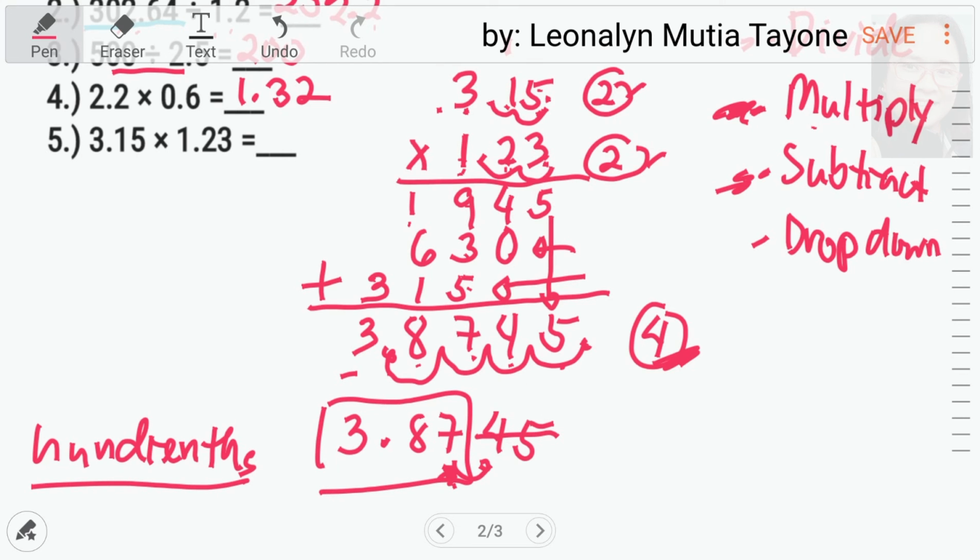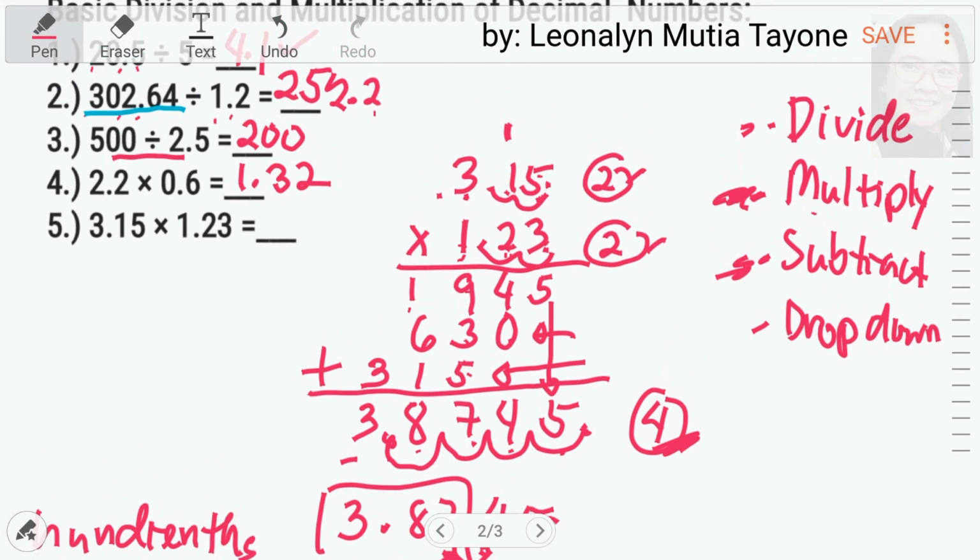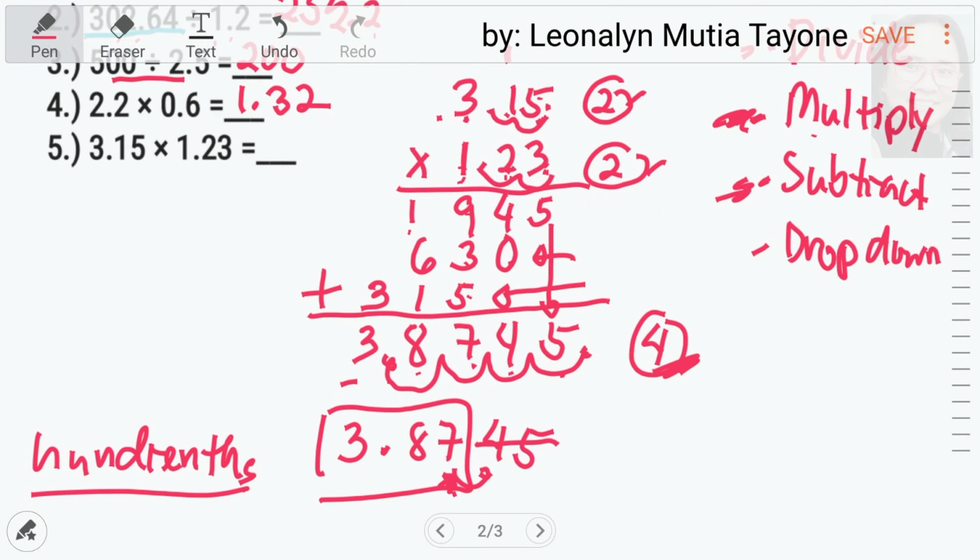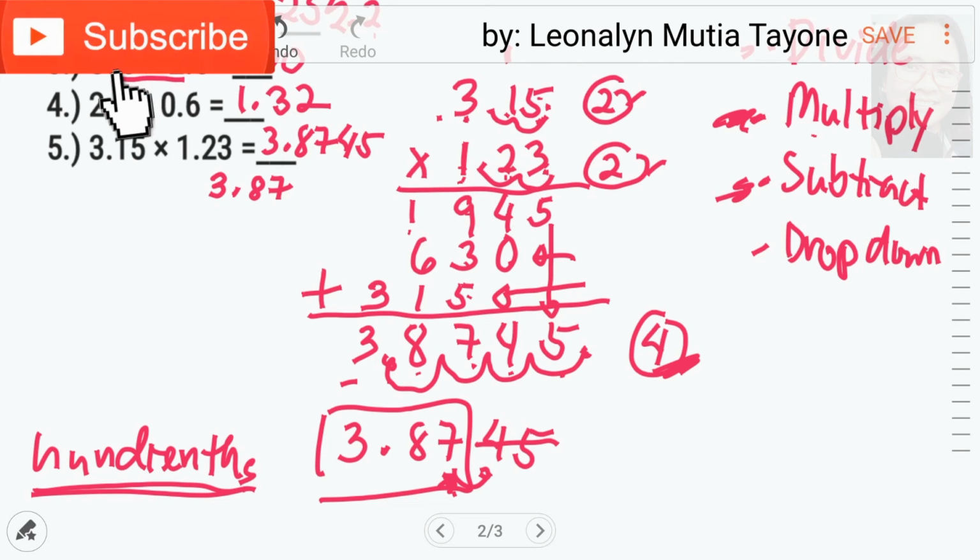So, ang exact na sagot dito ay 3.8745. Kapag ang question ay round it off into hundredths, so, ang sagot dito ay 3.87. For now, wala namang instructions, so we will stick to this. 3.8745.